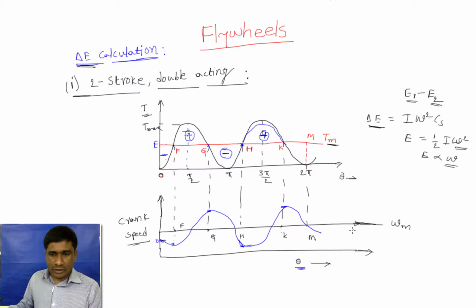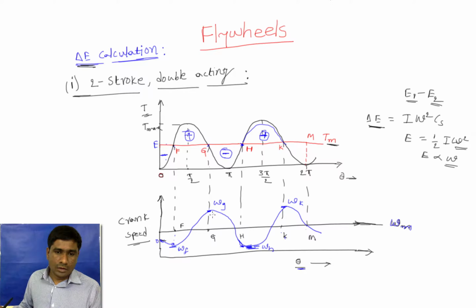So if you observe here, this is the mean speed omega m, and the speed of the crankshaft is fluctuating. We don't know what the minimum speed is, but in this case this would be the minimum, either this or this. For example, say this is omega f, this is omega h, this is omega g, and this is omega k, corresponding to their respective points.